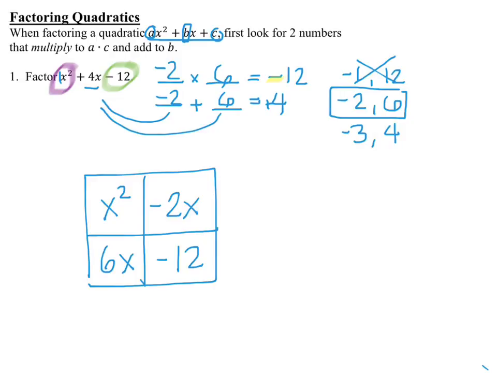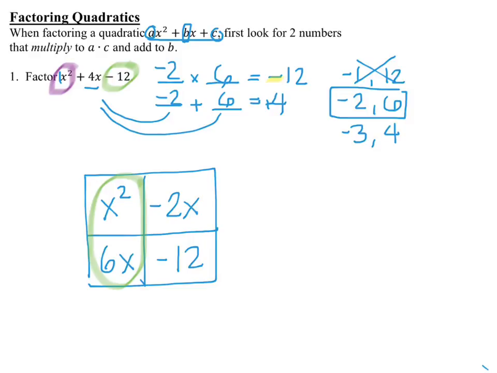So now all I need to do is figure out what I have in these four spots on this box, and that'll give me my factors. So the way I'm going to do this is I'm going to look at each row and column separately. So I'm going to start with this first column right here.